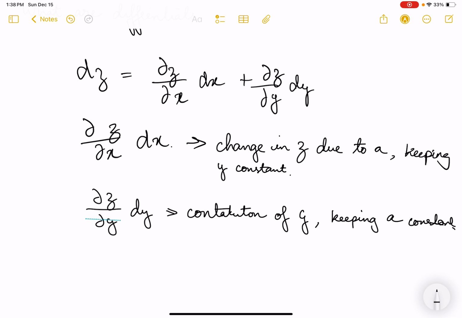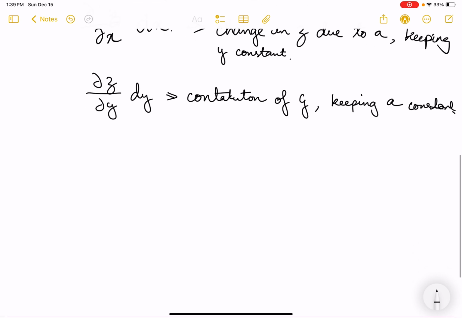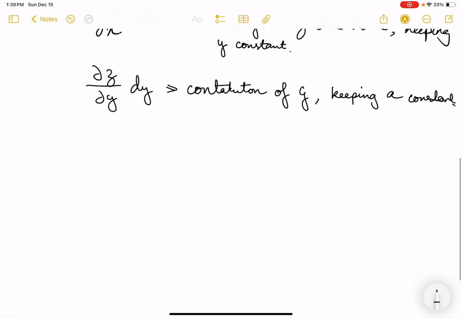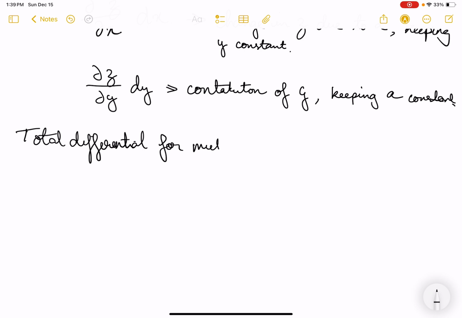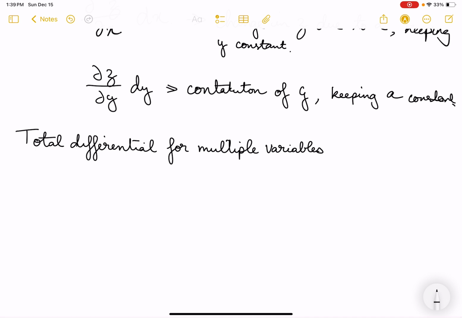Now, let's abstract this topic a little bit and go into the total differential for multiple variables. If z depends on more than two variables, say our variables are x, y, and u, then the formula simply expands to include all the variables.